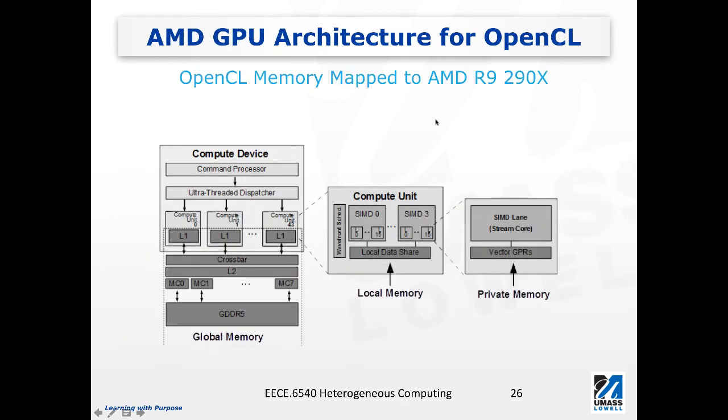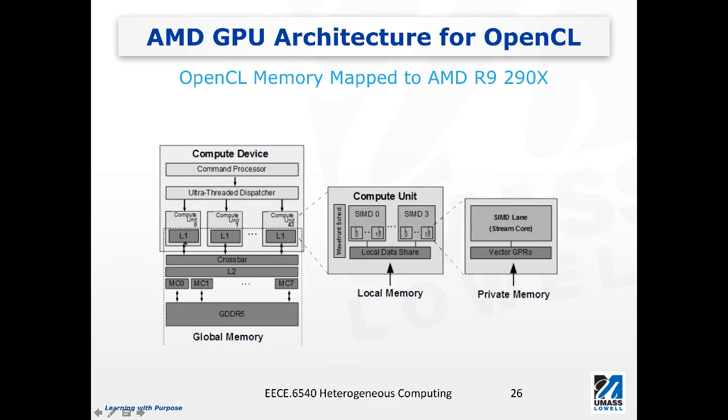We see here an AMD GPU architecture, and we want to show how the OpenCL memory is mapped to such a GPU architecture. On the left, it illustrates what's inside this AMD GPU. The command processor element and the ultra-threaded dispatcher are responsible for programming the compute units and scheduling the threads. We have, in this case, 40-some compute units. Each compute unit has its own level 1 cache.